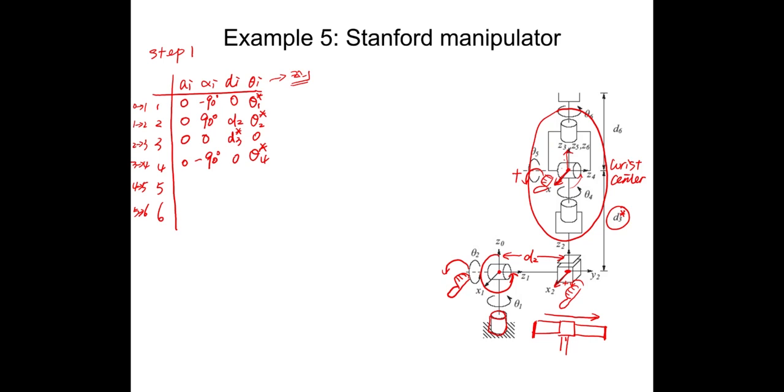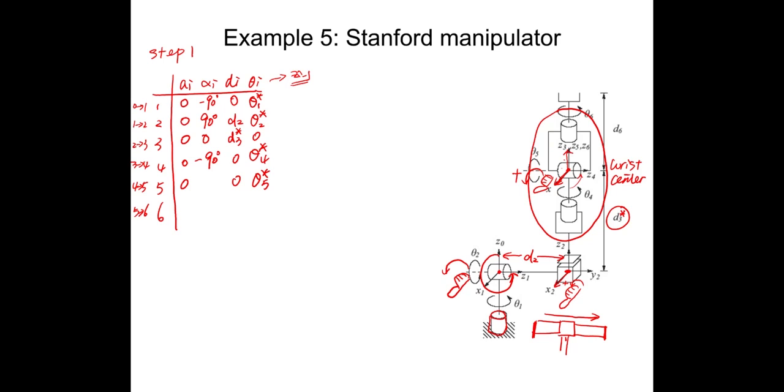And the next transformation is from frame 4 to frame 5. Again, they have the same origin, so a_i is 0 and d_i is 0, and the rotation is along the Z4 axis, so we have our theta 5 star as theta_i, which is the joint variable.